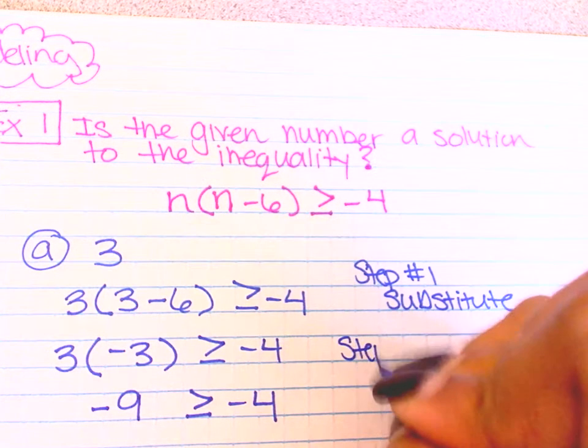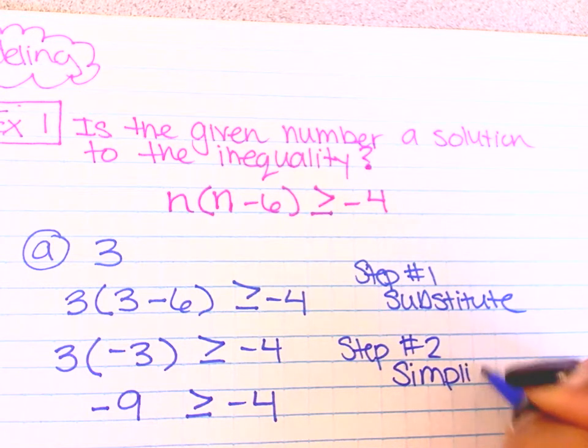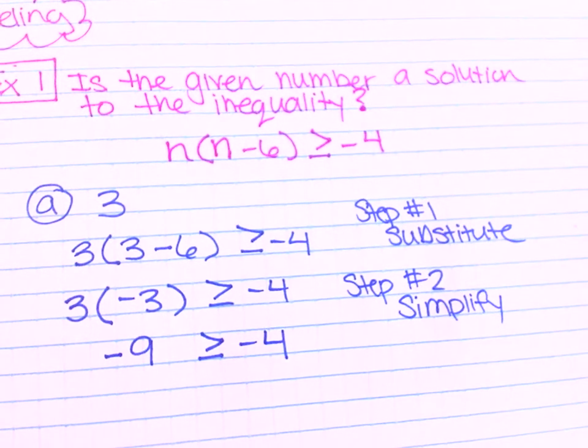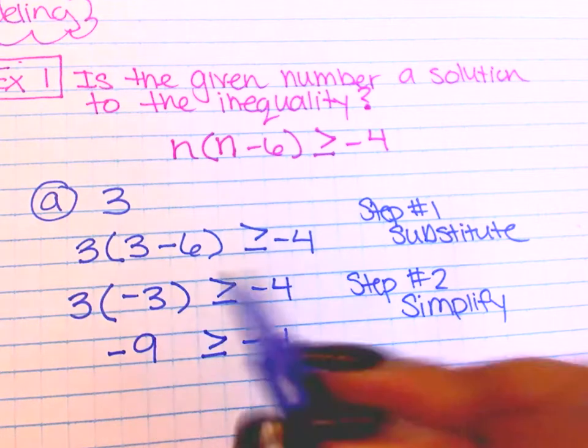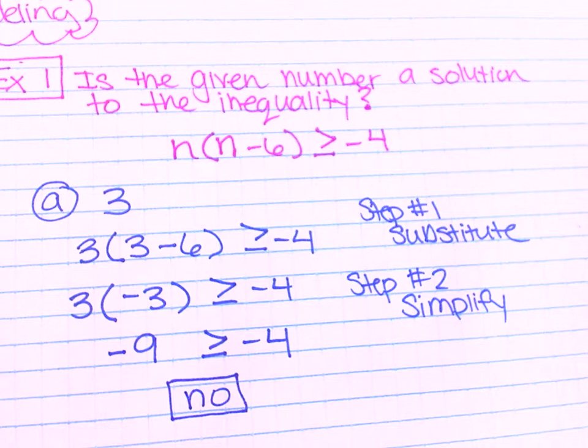So we just did step number 2, which was simplify. And when you simplify, you got to use PEMDAS, right? Order of operations. So now I'm going to look at that and say, is negative 9 greater than or equal to negative 4? No. So my answer is no. That's it. Done. No is the answer.